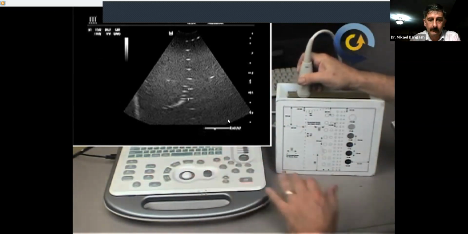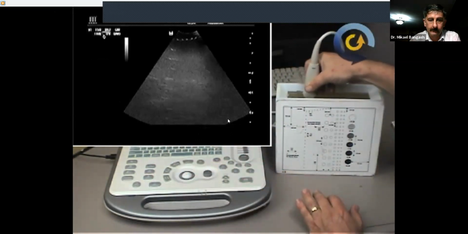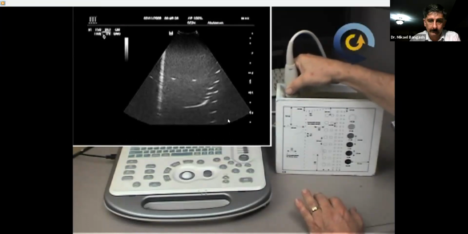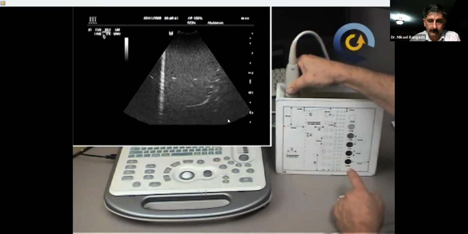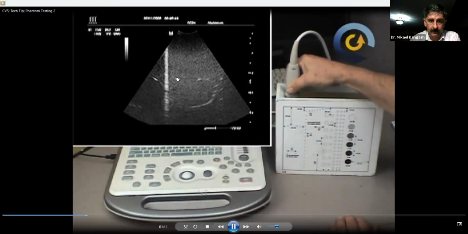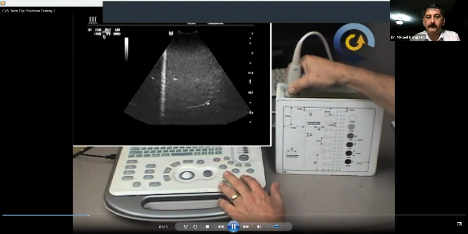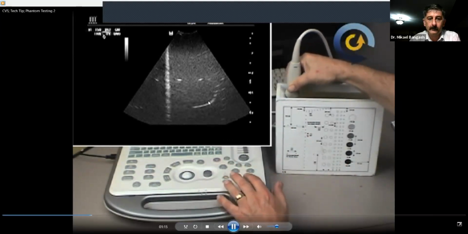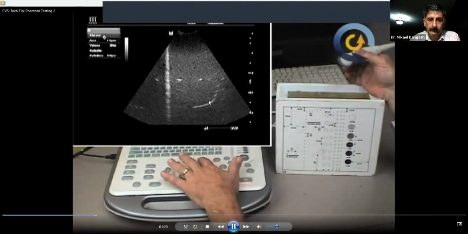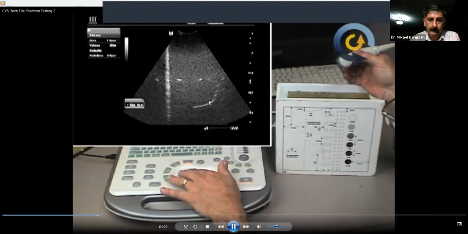I'll then move over and we'll get a measurement like this one right here, where it's measuring crosswise. Freeze. Because the resolution in that direction is not as good, you'll find it's harder to make the measurement.